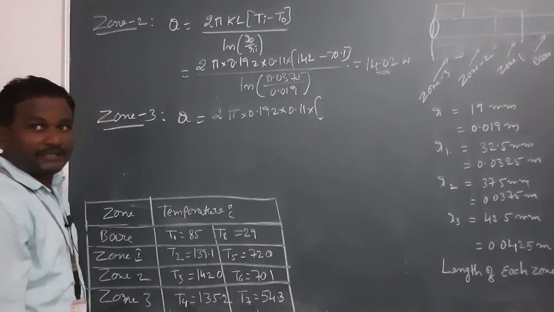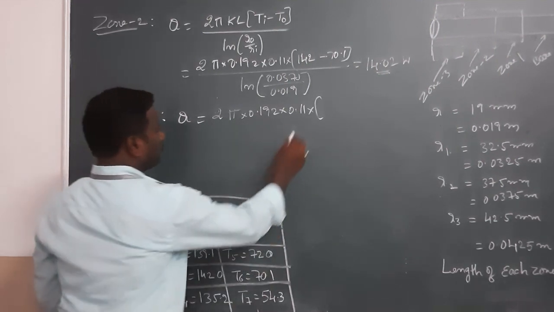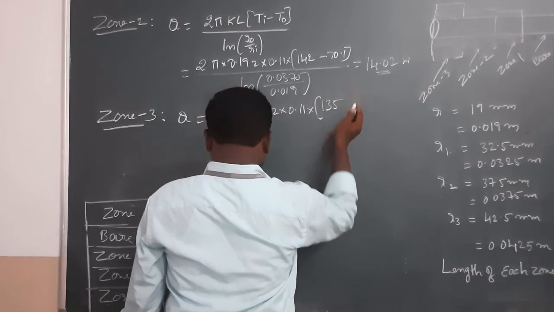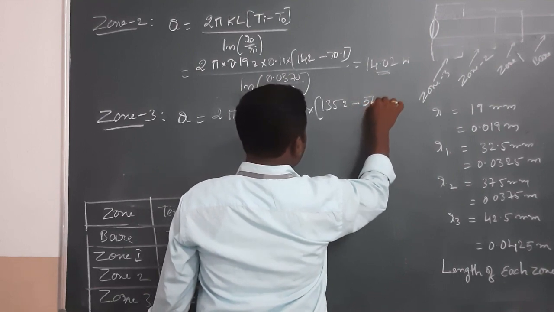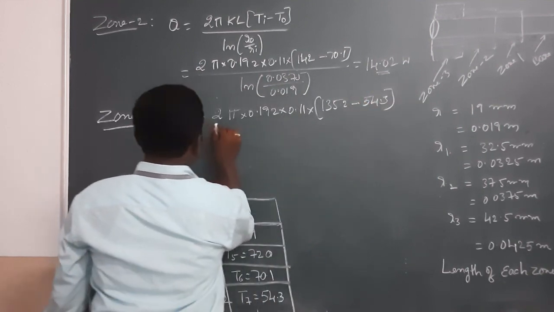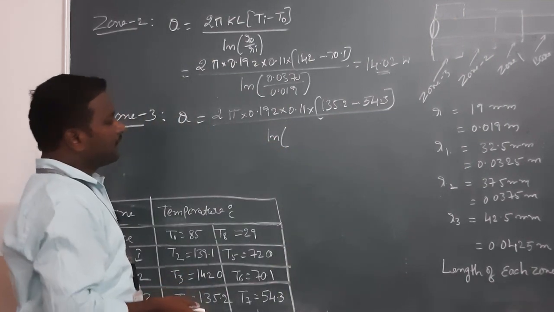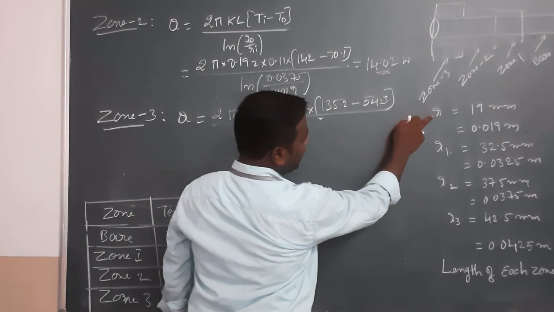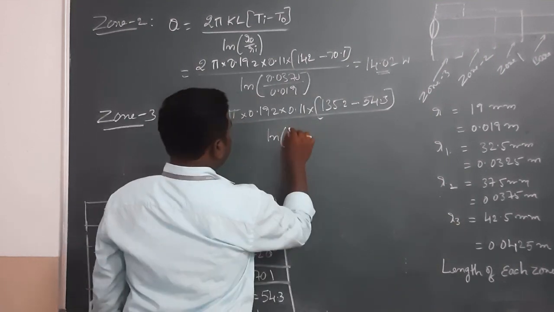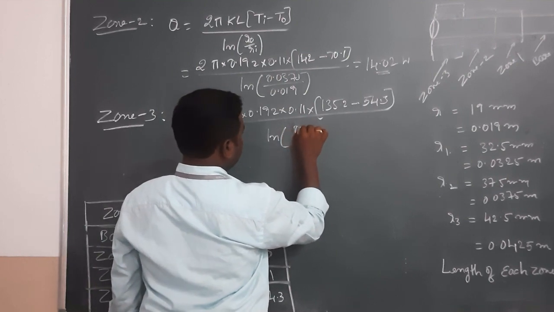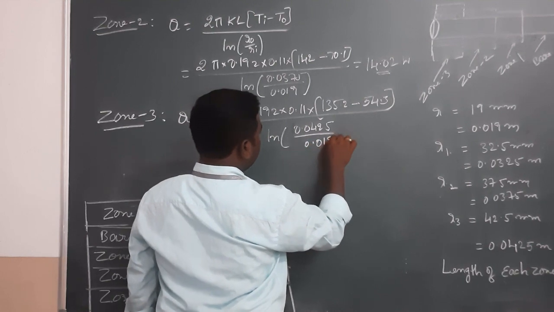These are the inside temperature and outside temperature values of the zone: 135.2 minus 54.3, divided by ln of outside radius by inside radius, divided by 0.019.